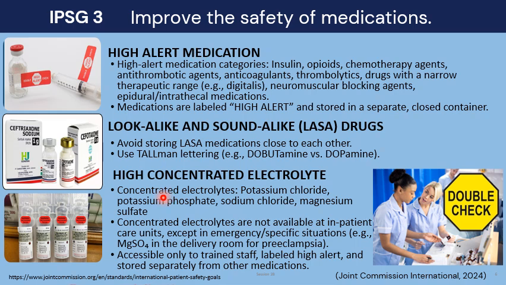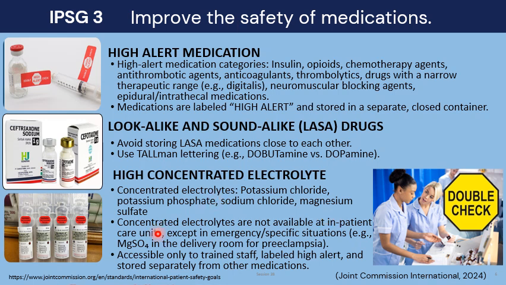So high concentrated electrolytes such as potassium chloride, potassium phosphate, sodium chloride, magnesium sulfate are very risky when we use them without care, because they can cause much harm to the patient. But they are also useful, but you have to use them accordingly.